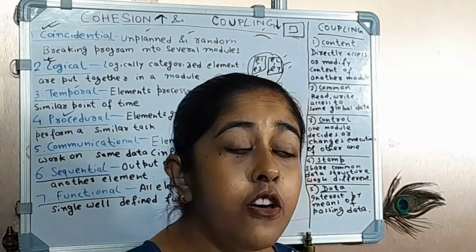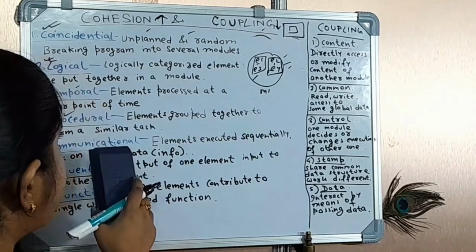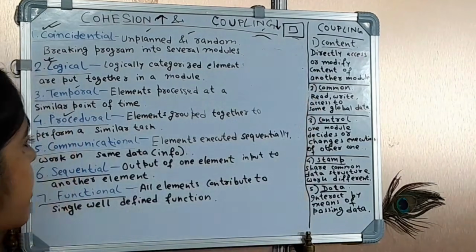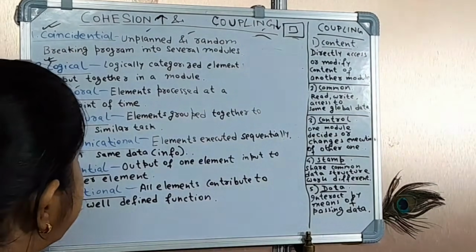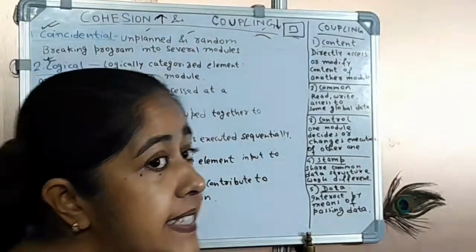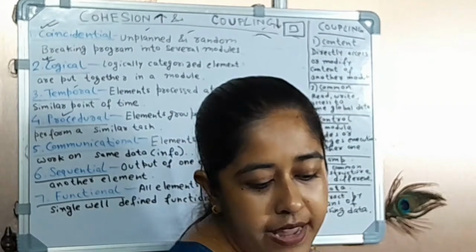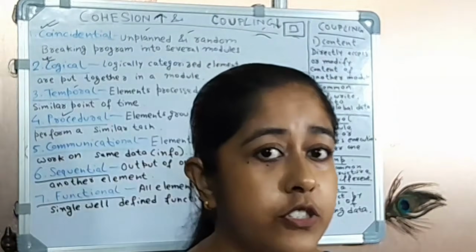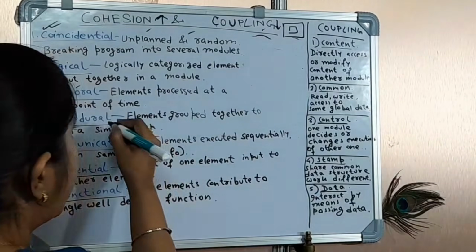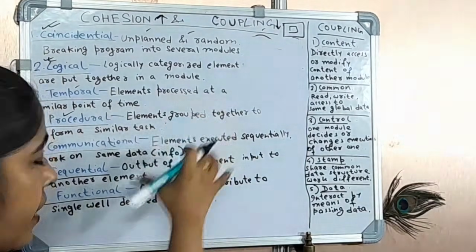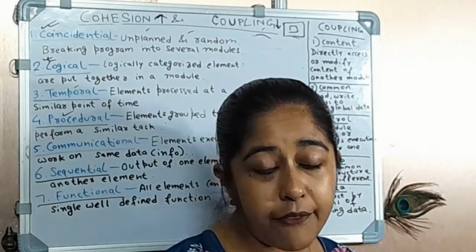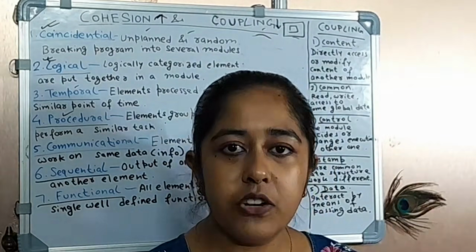Then now our fifth kind of cohesion. What is that? Communicational cohesion. Now what is communicational cohesion? Elements executed sequentially work on the same data or info. One more thing in procedural cohesion: here we have to see that they have to be done in sequential order.